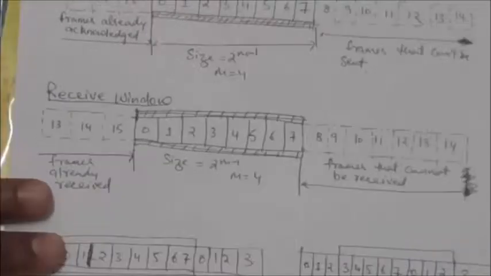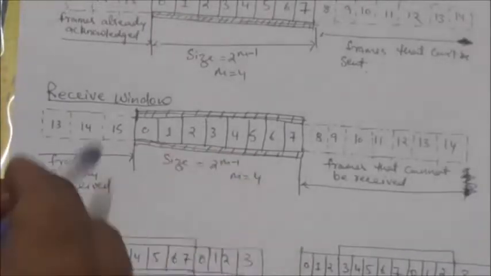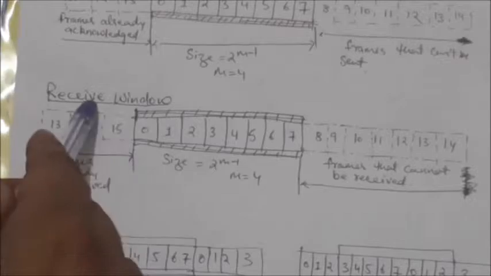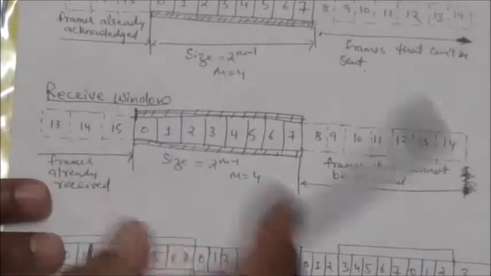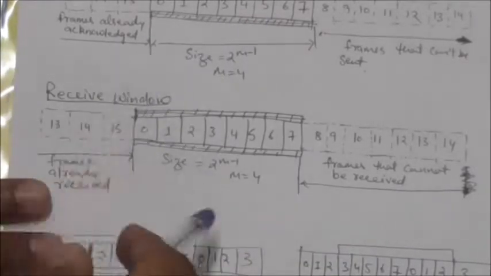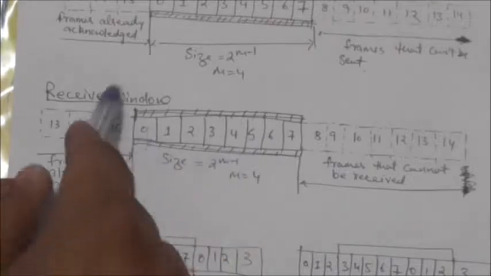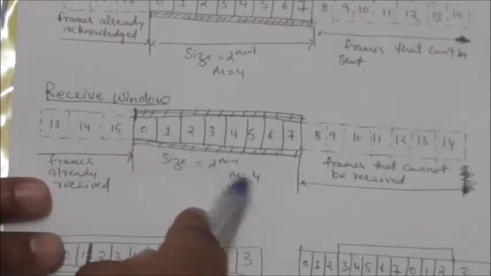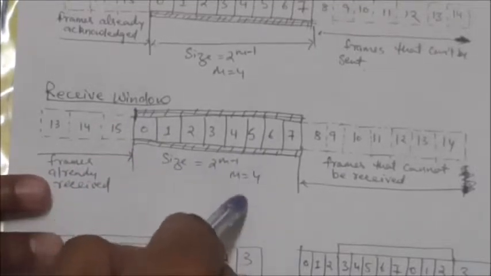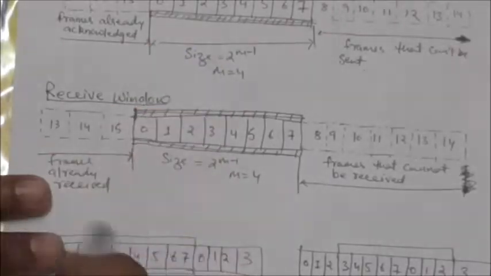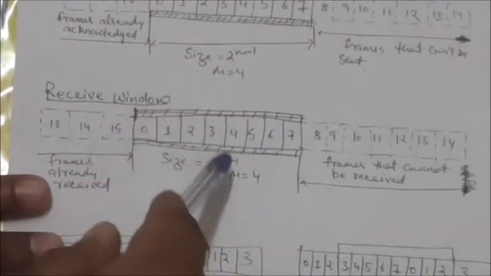The receive window is the same size as the send window. In this protocol the size of send window and receive window is the same, that is 8.